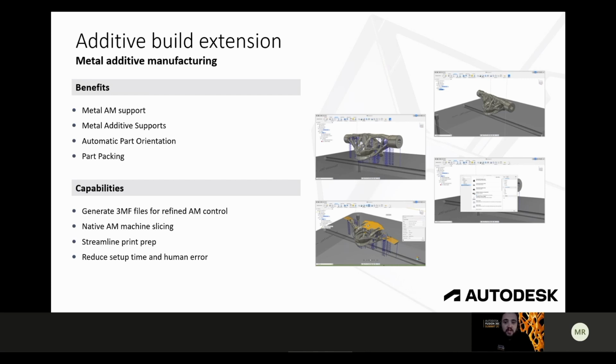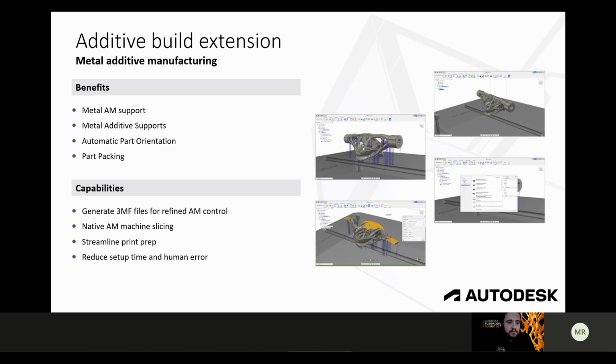You can access advanced controls to automatically orient parts and generate fully associative support structures, and then arrange parts on your platforms to optimize the use of your build volume. Slice your models, generate and visualize additive toolpaths, and then export machine-specific build files in a range of native file formats.